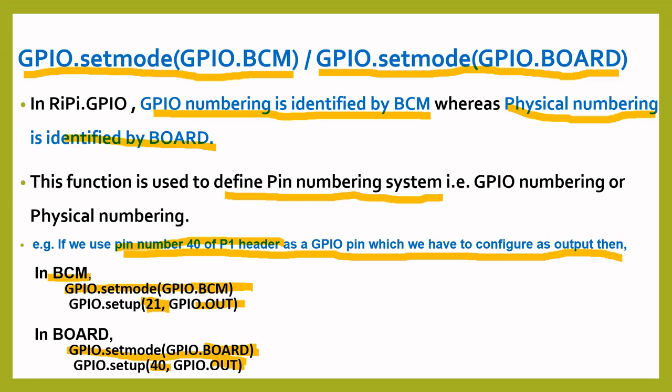This is the difference when we use the function GPIO.setMode to define the pin numbering system, based on whether we are using BCM, that is Broadcom system on chip, or the Raspberry Pi board. Based on that, we write this function.